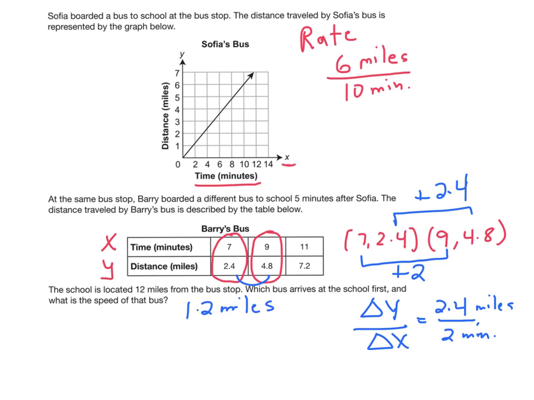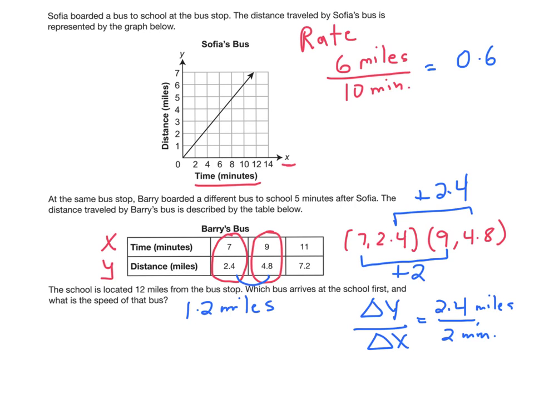And if you think about Sophia's bus, she's going under a mile in 1 minute. If you wrote this as a unit rate, which we didn't do initially, 6 for every 10 means 0.6. So her bus is going a little over a half a mile. Barry's bus is going 1.2 miles, so he's going literally twice as fast.